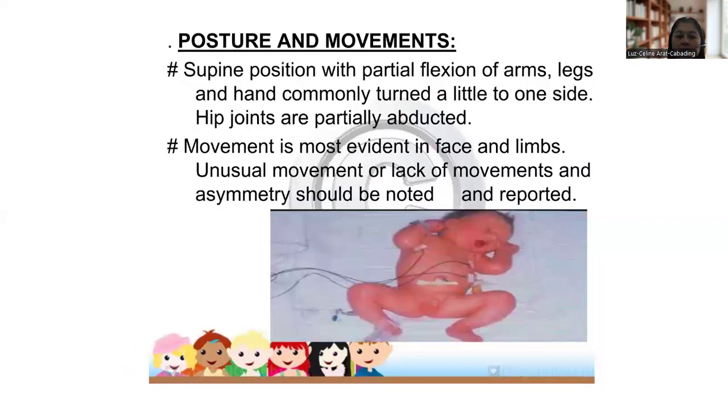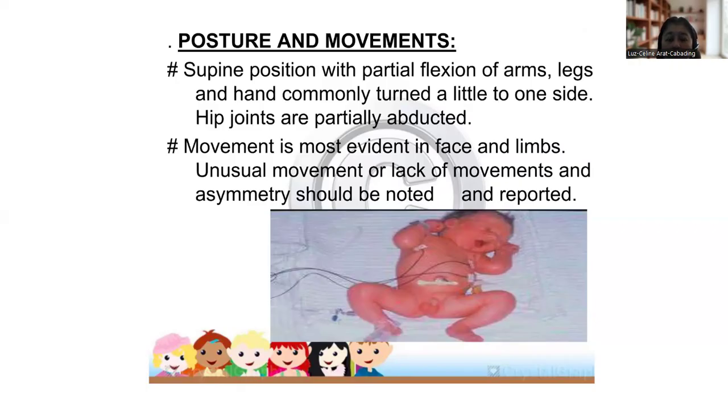Then we observe, which is part of the APGAR scoring, the posture and the movements, but this time in more detail. So we put the newborn in supine position. On supine, it is expected that the arms are partially flexed, and the legs and head are commonly turned a little to one side. You will see later that's what we call the tonic neck reflex.